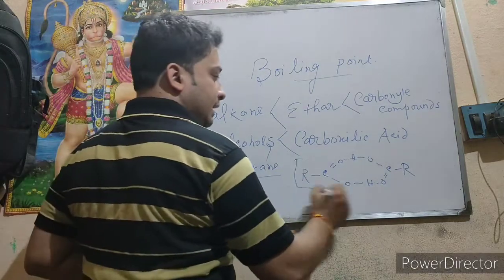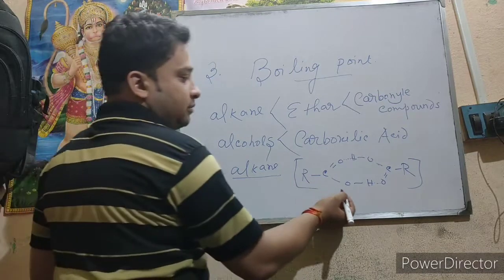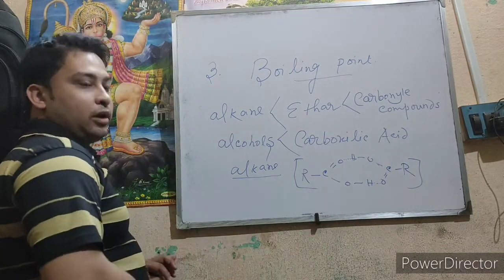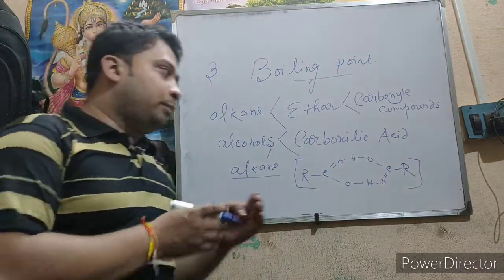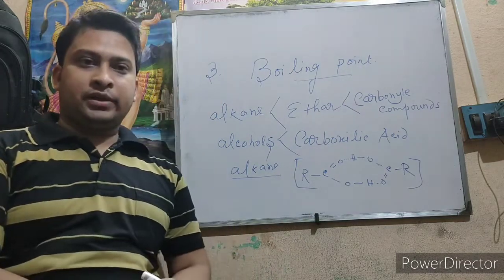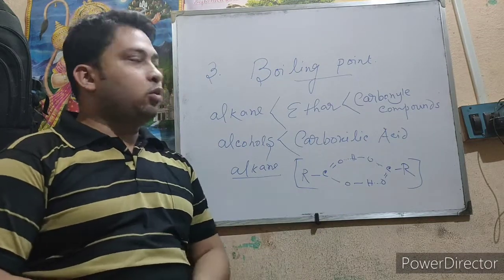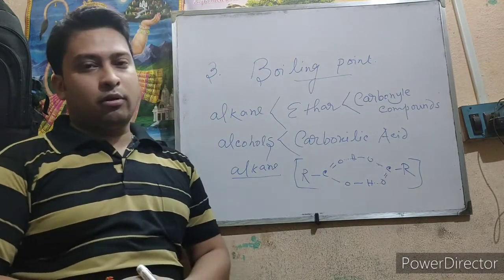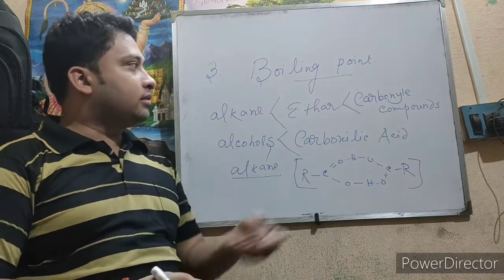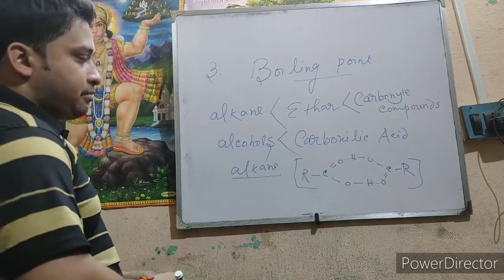In this way carboxylic acids can form a dimer. As it can form a dimer, it shows a higher boiling point because the energy required to break these bonds is high. So it shows the highest boiling point compared to the others. Very simple and very important.